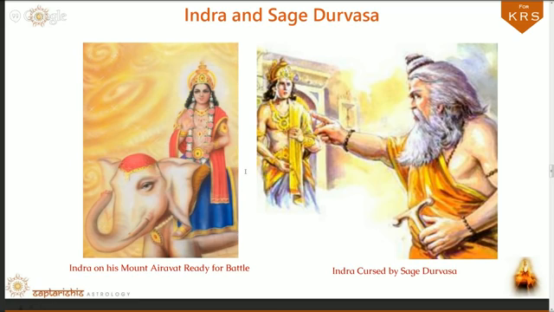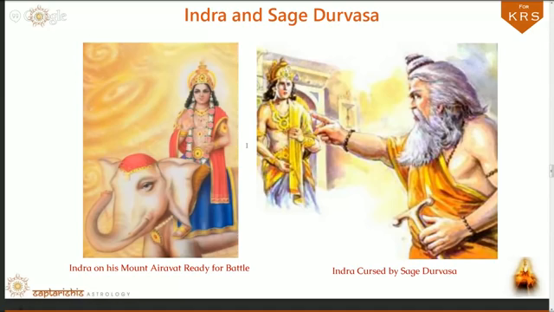He curses Indra, saying that because you have disregarded my circular amulet, because of this callous nature of yours, you will lose all your wealth and you will lose every battle. And Indra realizes his mistake. He comes down, but it is too late. Once a curse has been uttered, it has been given. Indra starts losing everything. He loses his wealth, he loses his kingdom.